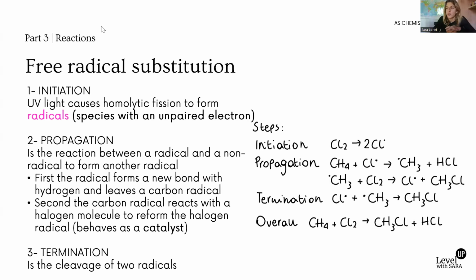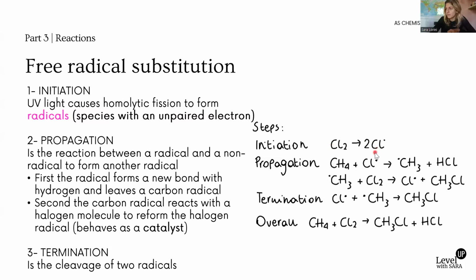Free radical substitution. Remember, substitution means taking the place of, and it is free radical because we have radicals. Now, free radicals are formed by UV light, and it causes a homolytic fission. Remember, species with unpaired electrons is the definition of radicals. You never know, could be a 1-mark question in the exam. And this is how it works.